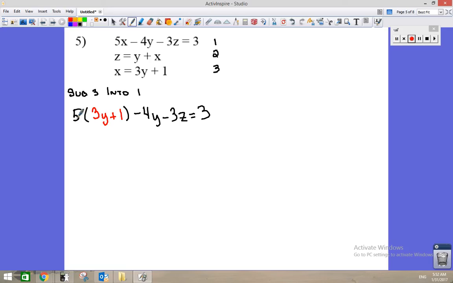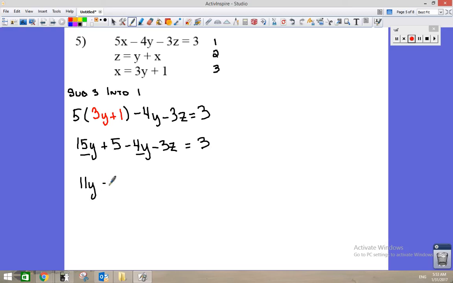So let's distribute this 5 to both terms. Everything inside the parentheses gets multiplied by 5. So we have 15y plus 5 minus 4y minus 3z is equal to 3. Well, we've got like terms here with the y variables. 15y's take away 4y's will leave us with 11y's.